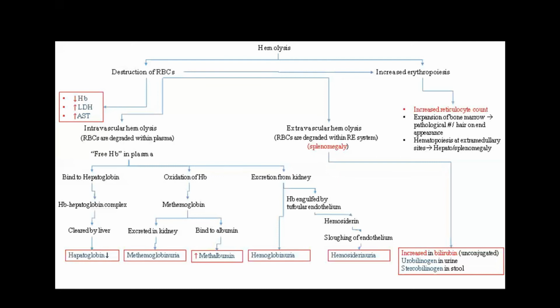So unconjugated will be high, but there will also be conjugated. This conjugated bilirubin will be excreted in the bile. It will go to the stool and it will get reabsorbed in the form of urobilinogen. When it appears in the urine, the component is known as urobilinogen, and if it appears in the stool, it is known as stercobilin. So stercobilin in stool and urobilinogen in urine will both be increased.